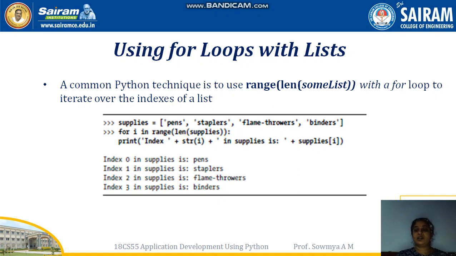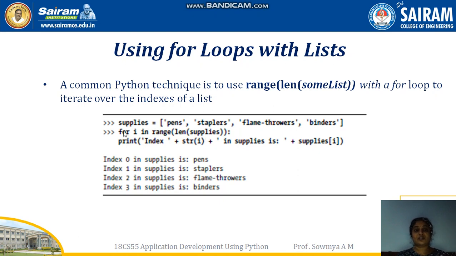The len function returns a numeric value, which is the length of the list you are passing as an argument. Supply is a list with 1 2 3 4 data, so the length of supply is 4, so it has 4 values.